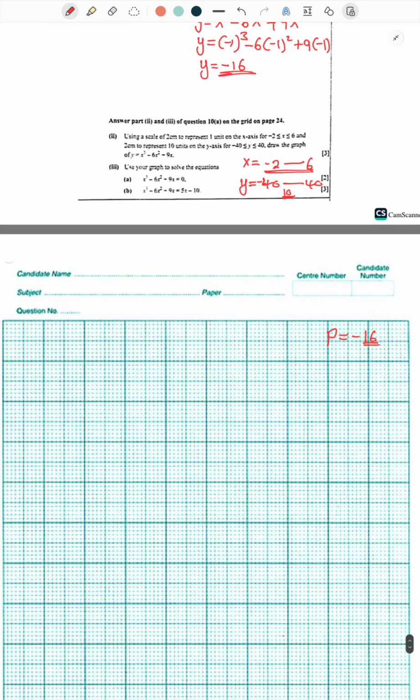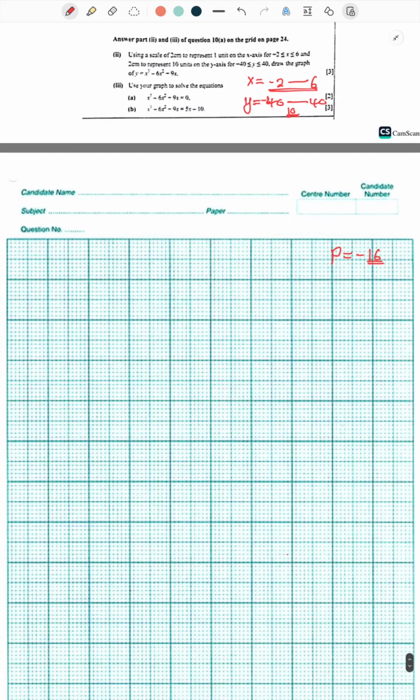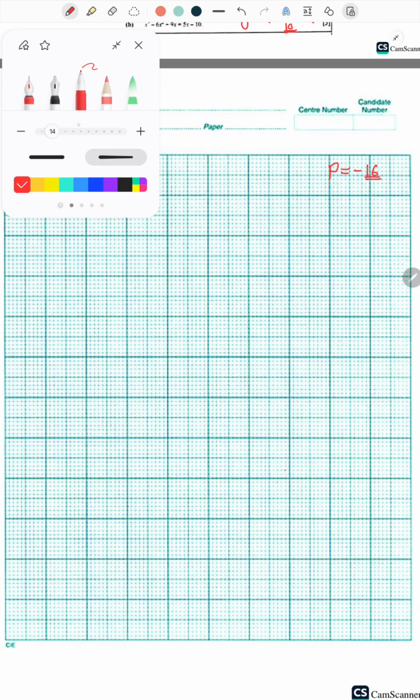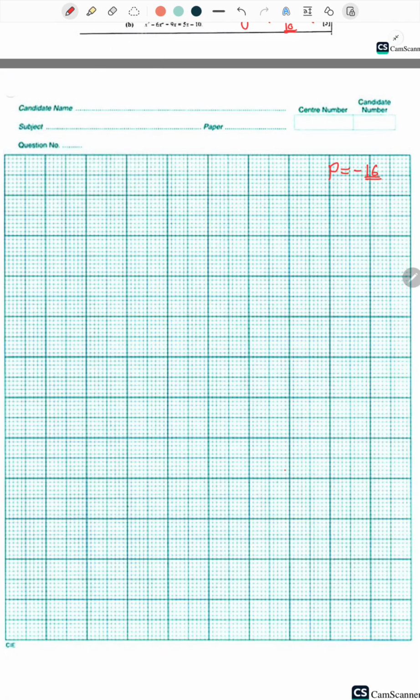Of course, in the y-axis, we are moving from -40 to 40. So you can just draw your line. Let me just increase my pen a bit. Okay, let me see. Is it increased? Yeah, it is. So from there, let me now plot it.